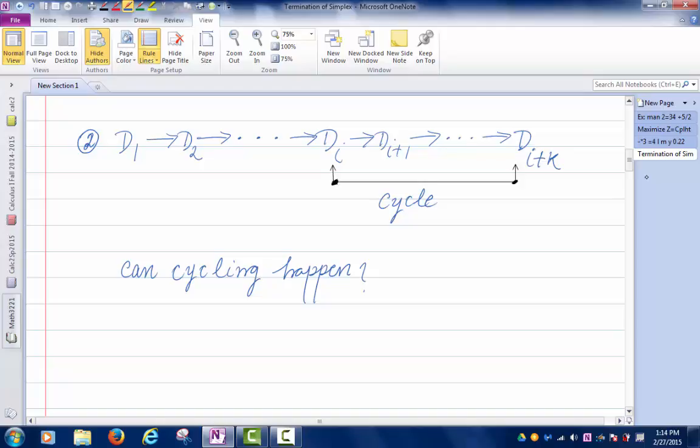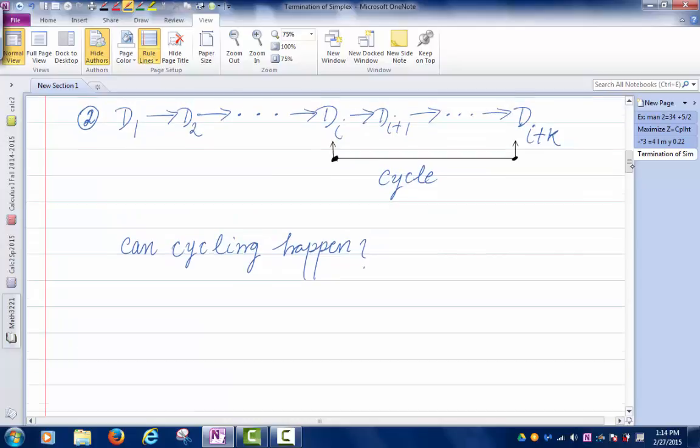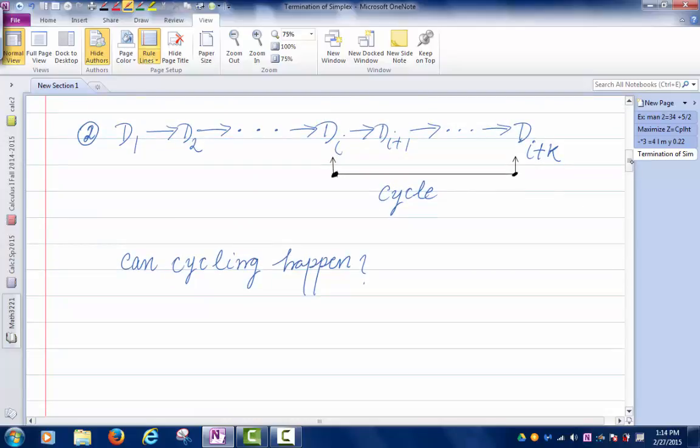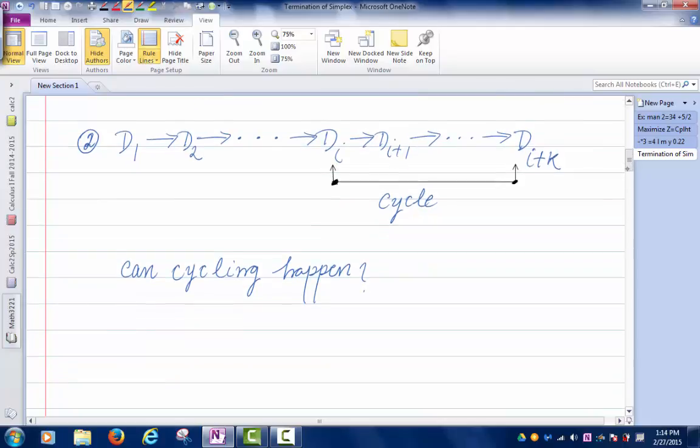And the bad news is, yes, it can happen. But the news is not entirely bad, and we're going to see that in a second. The thing that I want to say though, when cycling happens, something interesting happens. I claim that each of the dictionaries in the cycle is a degenerate dictionary.